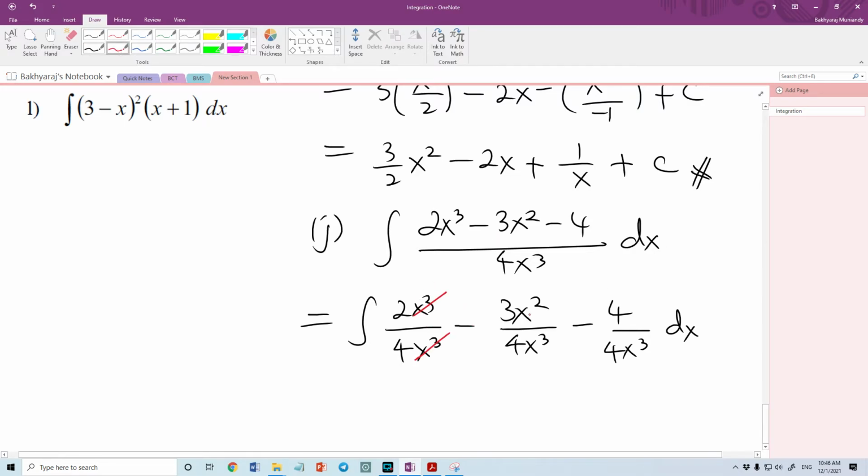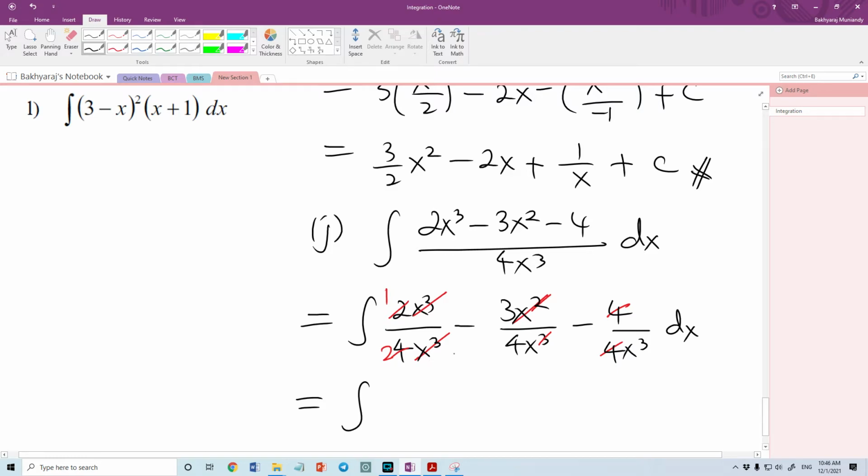Here we get all cancel, but here we got another x, and here we get x power of 3, but here the constant is cancelled. So here we can simplify this one become 2, right? So all the constant and all the power of x already reduced into the simplest form. So now I can continue with this.